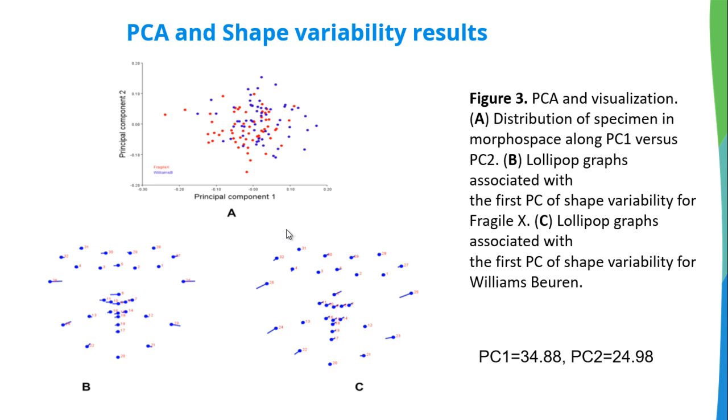Looking at this shape for Fragile X. But meanwhile, in Williams-Beuren, the nose protruded rightward and slightly upward. As you can see, the upper region of the right cheek projected outward, while from the chin to the upper left cheek projected inward, and the upper lip protruded rightward and upward.